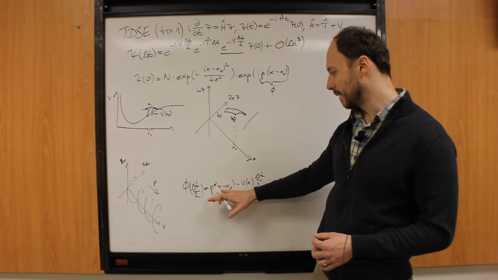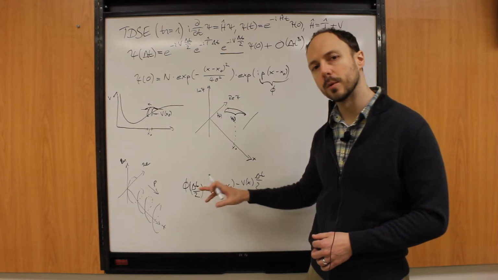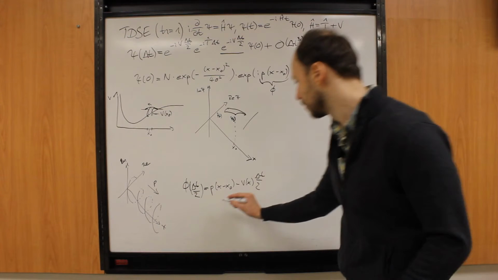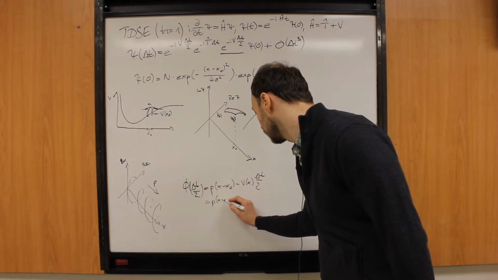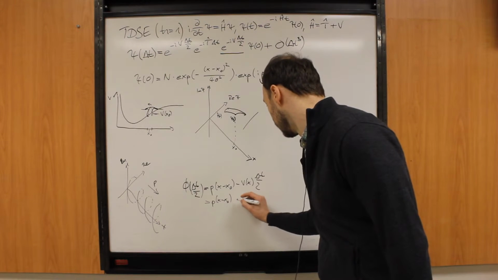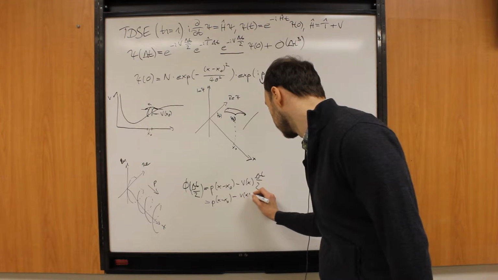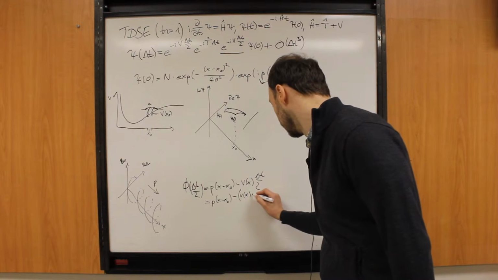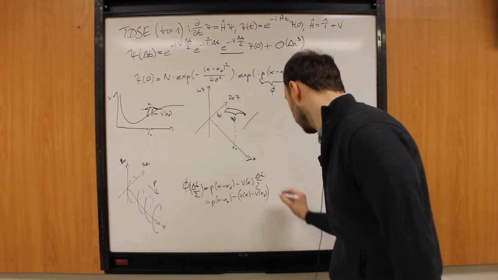Specifically, we want to have something times x minus x naught so we can see how the momentum changes. So we're going to say p times x minus x naught minus v of x minus v of x naught times delta t over 2.